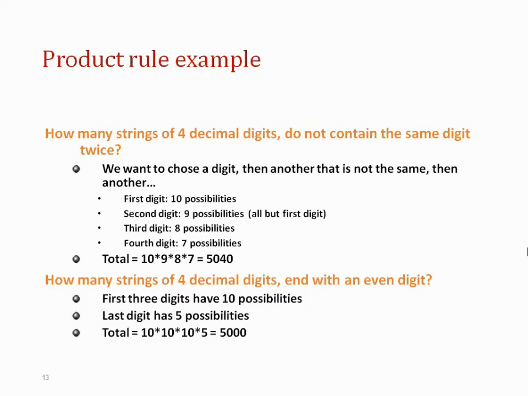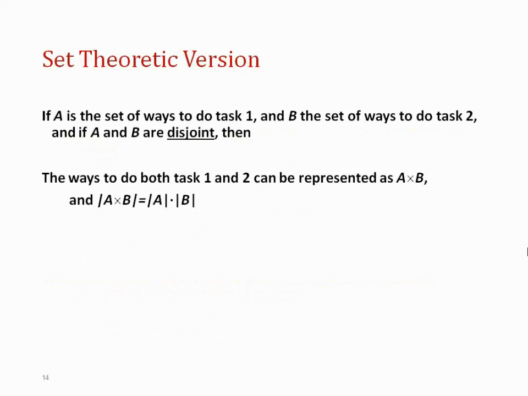First digit 10 possibilities, second digit 10 possibilities, third digit 10 possibilities, and the last digit should be even. This is the only condition we have mentioned. There is no condition for the first three digits. So 10 into 10 into 10 into 5, which is 5000. So this is the way we can go for this.